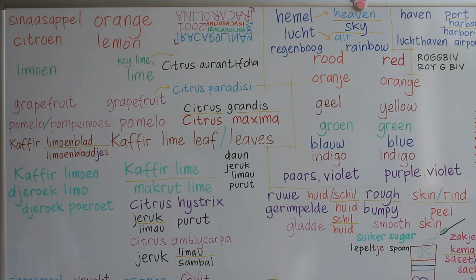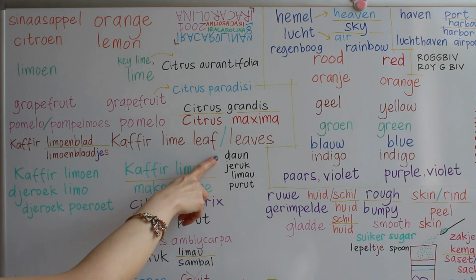It's not right, it's incorrect, because jeruk purut is the Kaffir lime or makrut lime. If you want the leaf or leaves, you have to add daun.